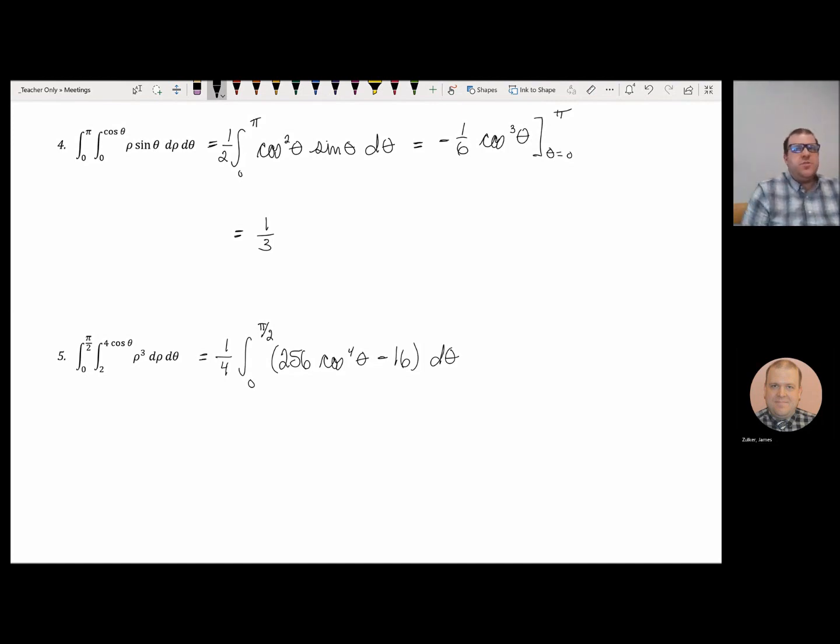Antiderivative of rho cubed is rho to the 4th over 4. Factor out a 16, just to make life a little bit easier.